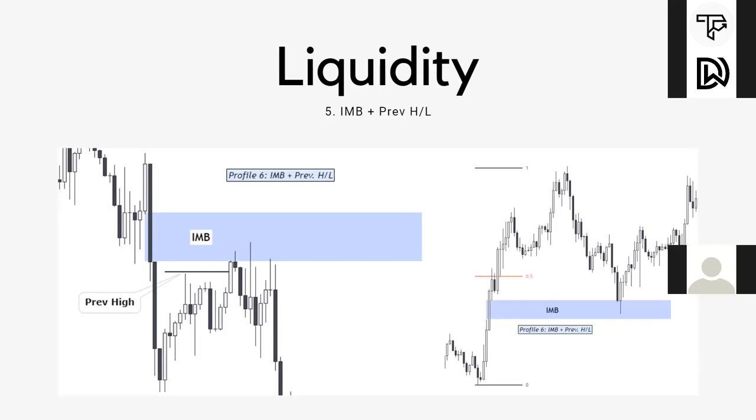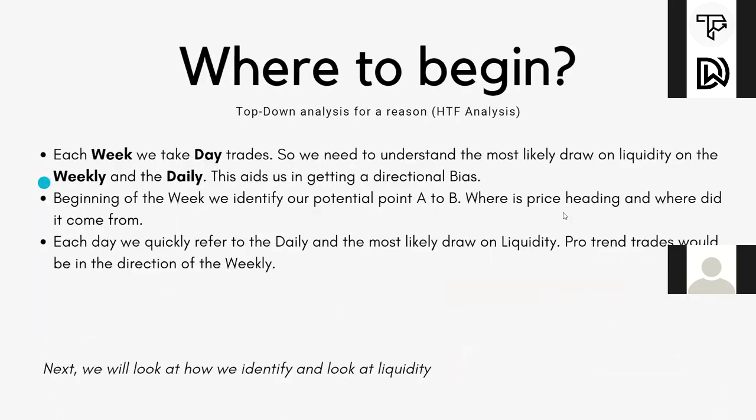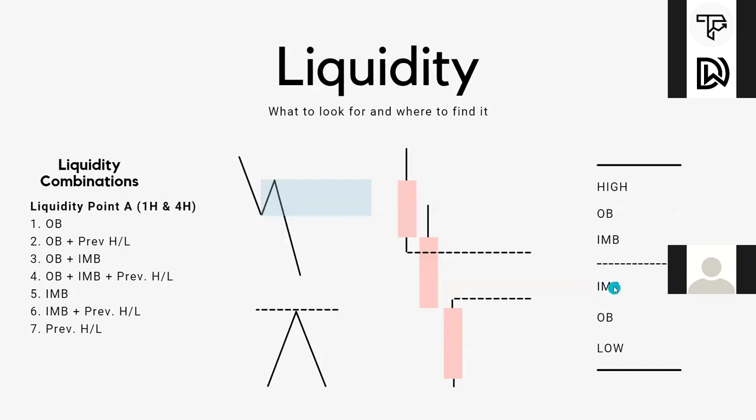First of all, I need to look at surrounding structure as well as time of day. Time of day is very important. If we have an accumulation and we see the drop down at a session opening, then I know, according to my rules, that price is going to respect the first liquidity point in the discount. Now I'm referring back to this slide: the first liquidity point in the discount, which is the imbalance.